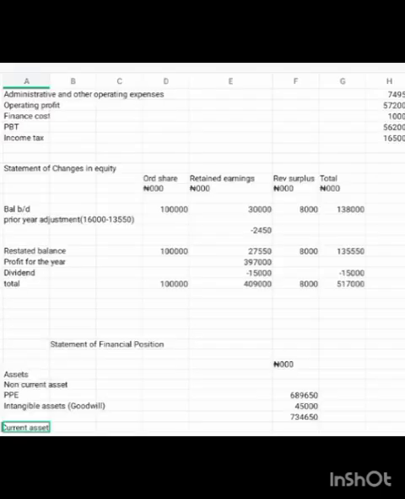That was what we did when we were calculating our statement of comprehensive income. So inventories, we have 9 million.